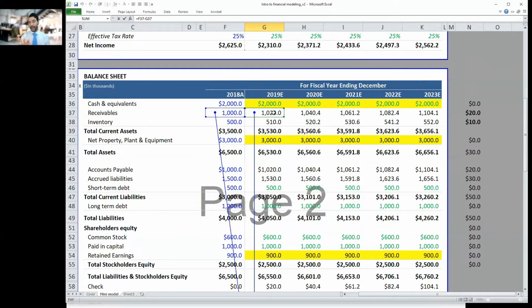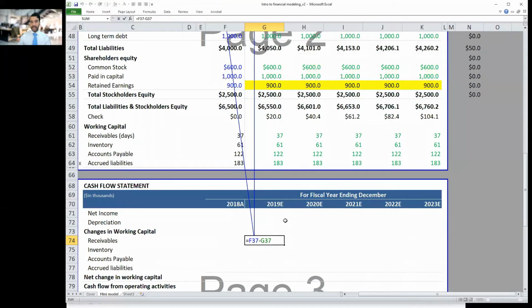How much? 20. That 20 that they're going to pay you at a later date is what's increasing your accounts receivable. It's otherwise known as credit, okay? That's why you're seeing here it's reflected as a negative sign, because you didn't collect the cash. Although your receivable is increasing, it's cash that you didn't collect. That's why I put this formula this way, and that's why it's displaying a minus 20, okay?